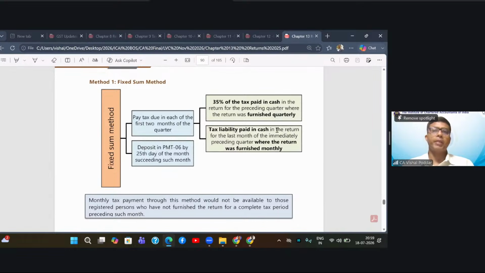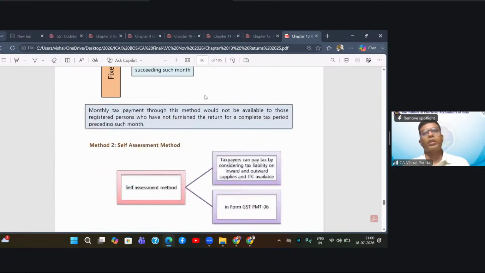The tax liability paid in cash in the return for the last month of the immediately preceding quarter where the return was furnished monthly. If prior to this you are not in the quarterly return system, you are in the monthly return system, then you have to see the tax liability of the last month. Whatever the tax liability of the last month was, which you paid using the cash ledger, take 35% of that and pay that amount, 35% in month 1, again 35% in month 2.